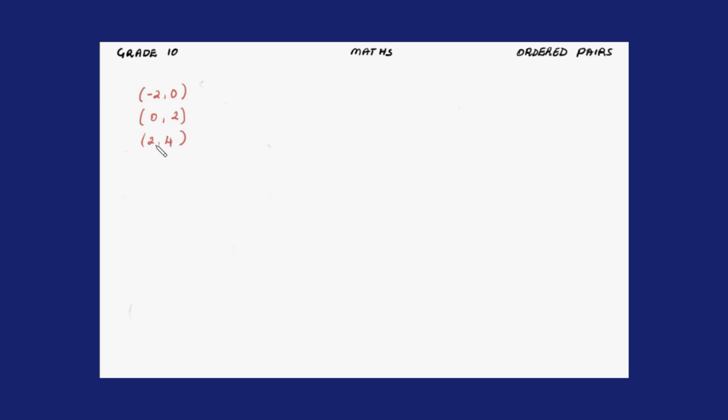Let's say, set of ordered pairs. Let's call it set P. So set P is equal to 0, 0, 2.